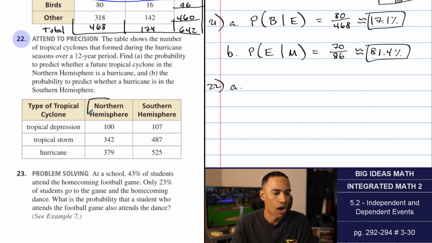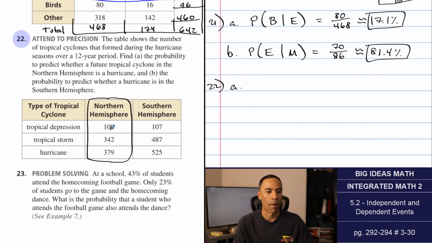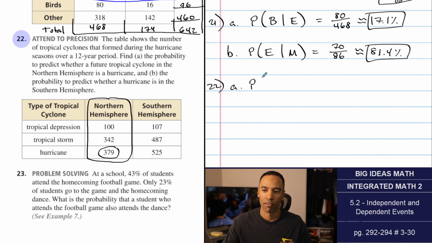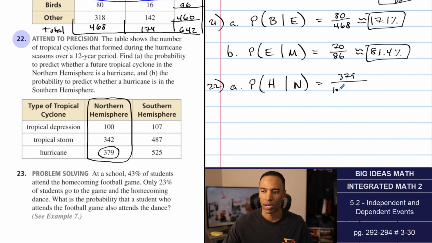So we're looking at all the cyclones, among the northern hemisphere sets, because that's what they say, right? Whether a future tropical cyclone in the northern hemisphere. So among the 100 plus 342 plus 379, how many of them are hurricanes? That's what they're asking. So probability of hurricane given northern hemisphere. So we're going to take 379 and divide that by the total of those 100, 342, and 379.